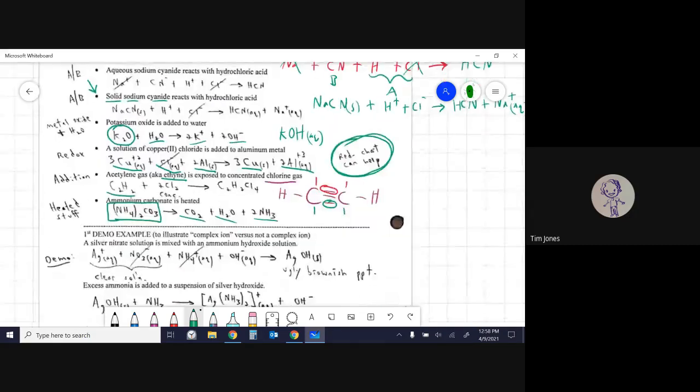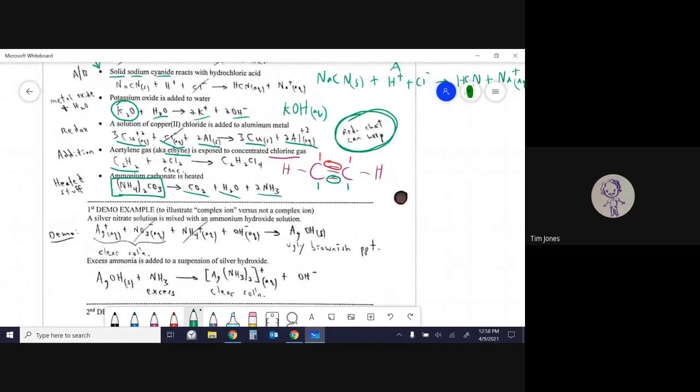All right, last thing. Complex ion stuff. We'll talk about the demo later on, so don't worry about that right now. Silver nitrate solution is mixed with ammonium hydroxide. Well, what's interesting here, and I'm going to show this, is when I first mix this with ammonium hydroxide, we actually get a precipitate reaction between the silver and the hydroxide, which forms this, and I'll show you.